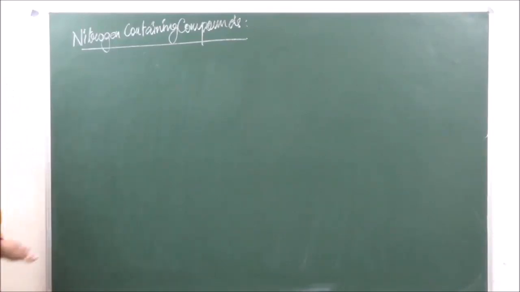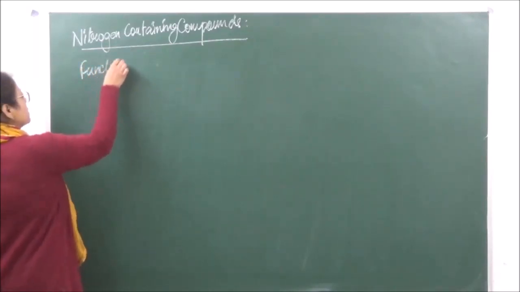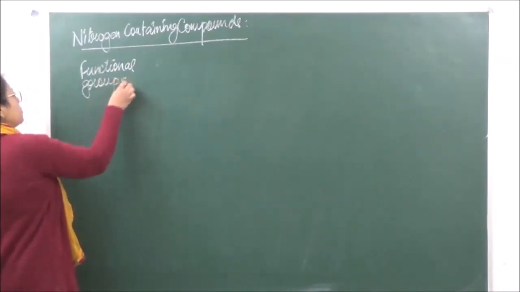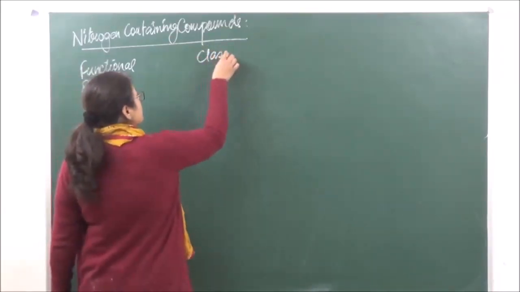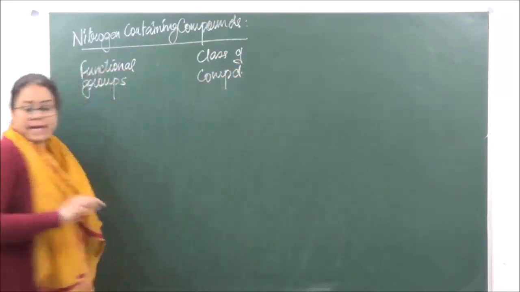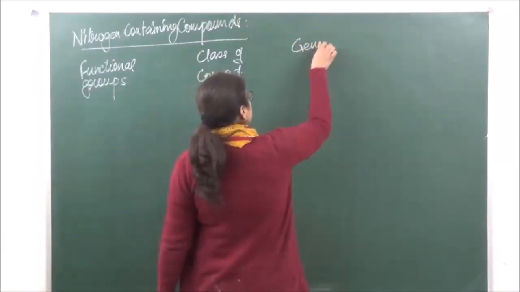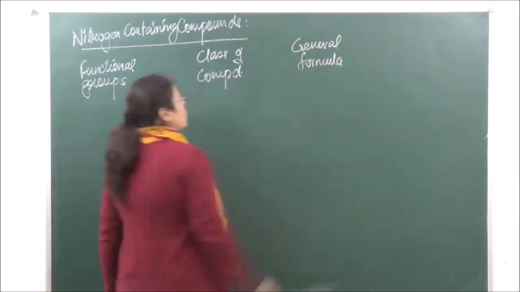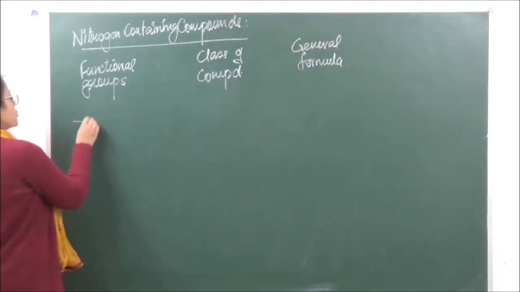So let's just see what are the functional groups which are going to contain nitrogen, what this class of compound is called, and finally, what is going to be the general formula. So let's go over here first to the functional groups.